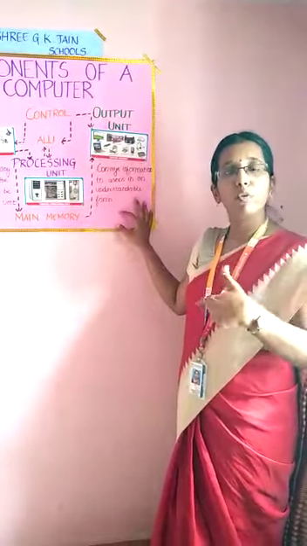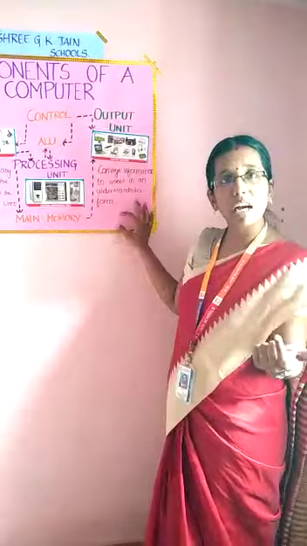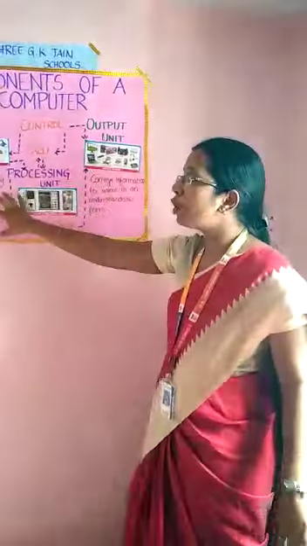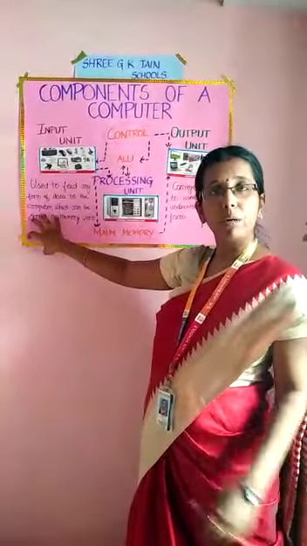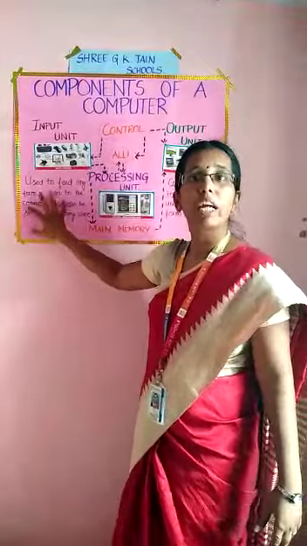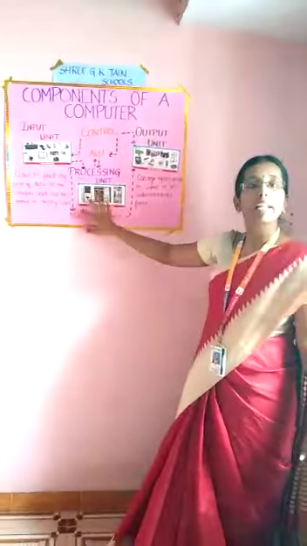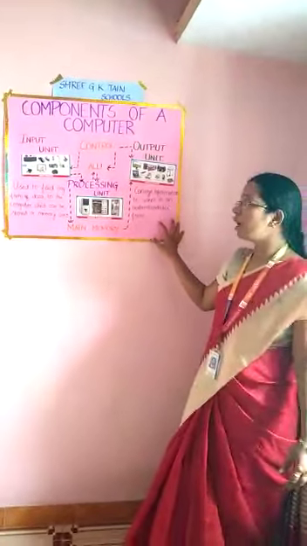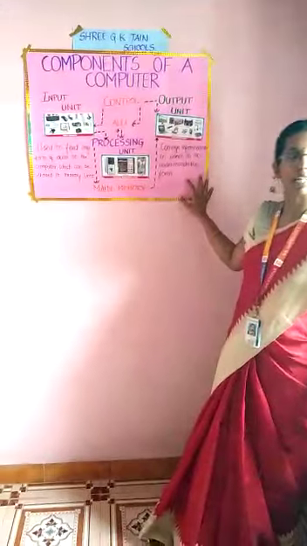If I give you the information like Kavita secured C grade, that gives you the information. So the input given by the user will be in an unprocessed form, that will be processed using your processing unit, and the processed output will be given to the output unit in an understandable format.